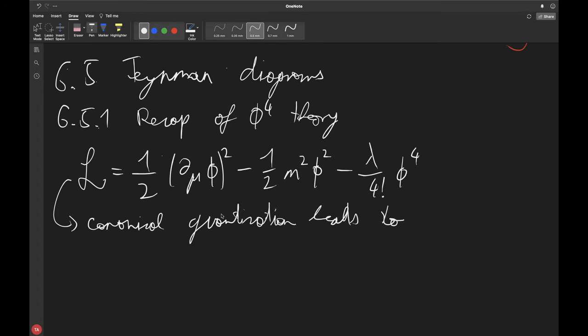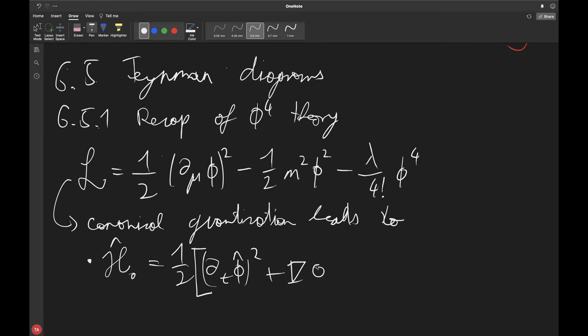Canonical quantization leads to the Hamiltonian, which has two parts. We have the free part, H0, an operator, which is 1/2 times the time derivative of the phi operator squared plus the nabla of phi squared plus m squared phi squared, and all of these are operators now.